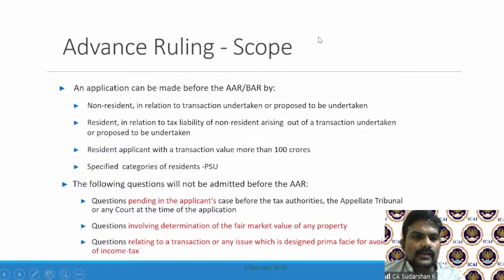Will you please elaborate on POEM panel? I think I've already mentioned this. Before the AO determines POEM, it has to go to a panel which will determine whether there is a POEM element in it.